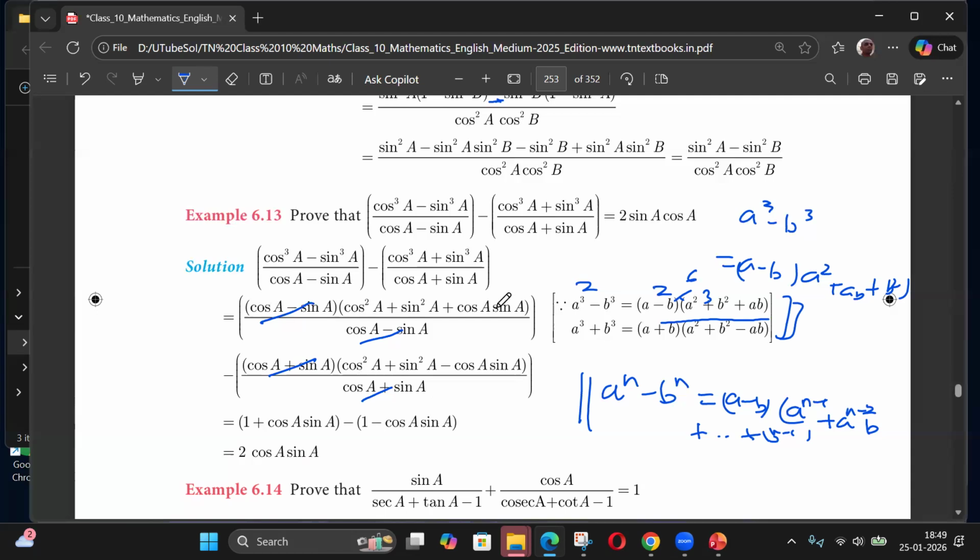Okay, cos sine, and then minus cos sine, and there is a minus here. So actually this is 1, and here there is a 1. So the 1 minus 1 will go. This 2 will go. And then cos sine and the minus of cos sine will be 2 cos sine.